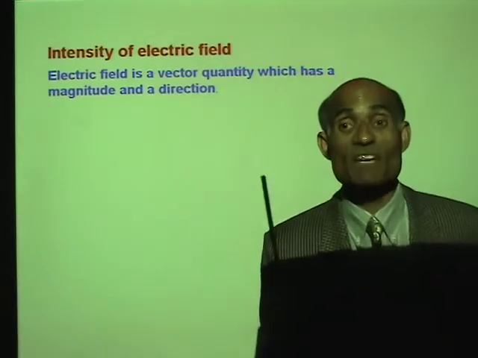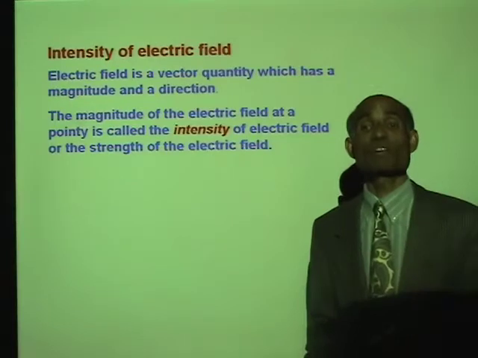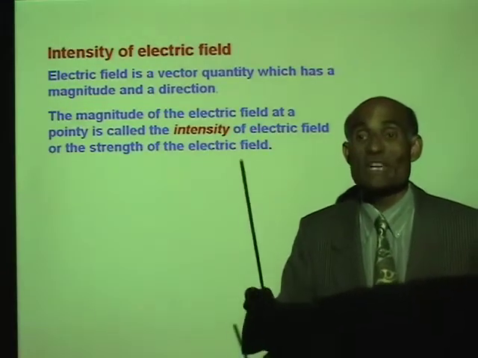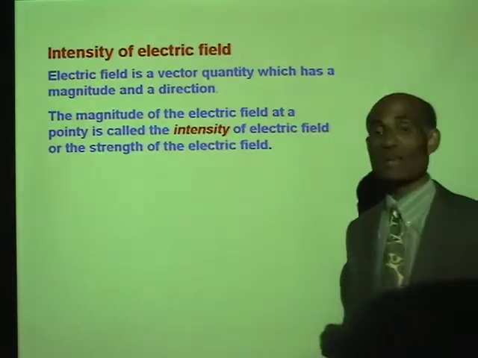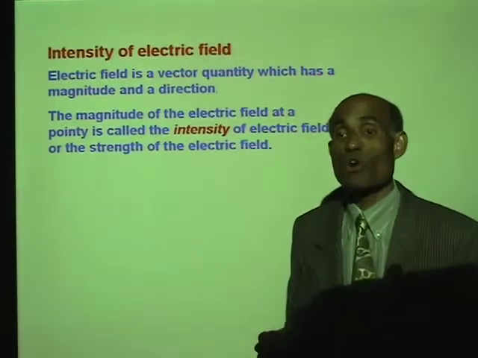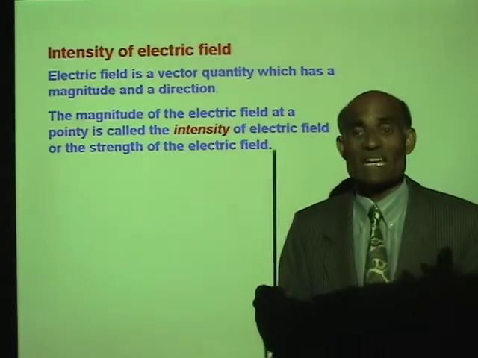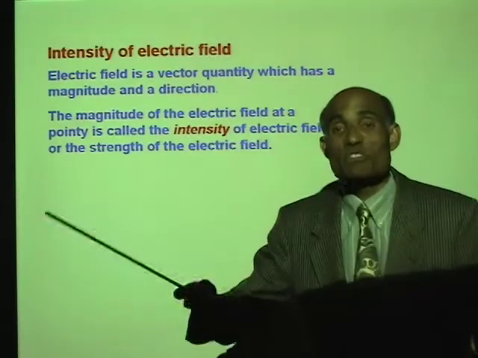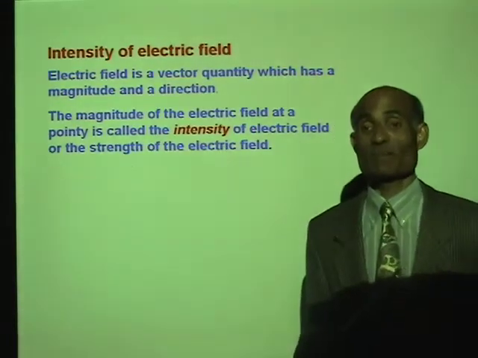Electric field is a vector quantity. The magnitude of the electric field at a point is called the intensity of the electric field. Intensity of the electric field is a measure of the force experienced. It's the magnitude of the electric field, or the strength of the electric field.